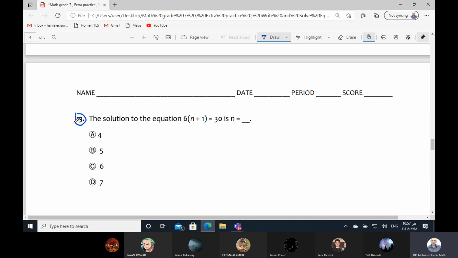Exercise number 13. The solution of the equation 6 times parentheses n plus 1 equals 30 is n equals what? Find the value of n. Start please. The answer is 4.